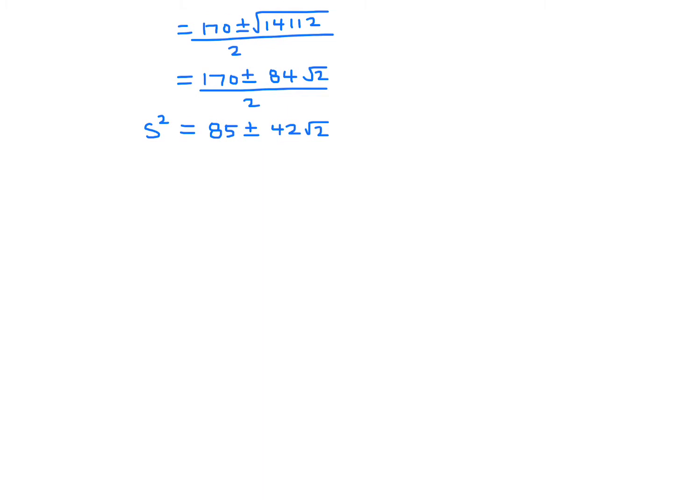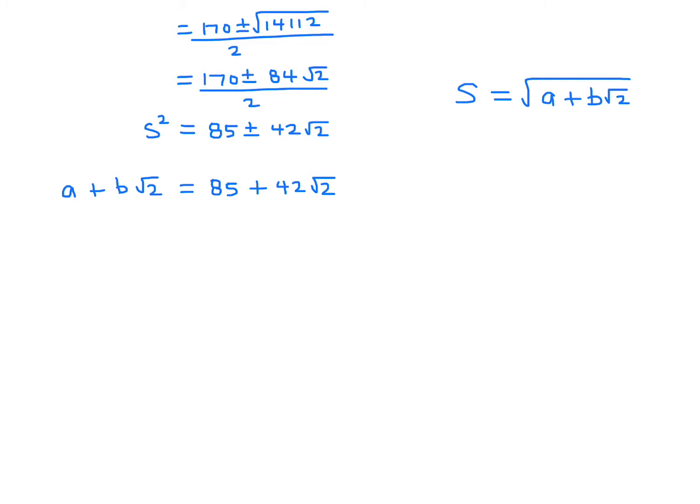Okay. All right, but in the beginning of the question, they told us that s was equal to a plus b root 2, all under the square root sign. So therefore, s squared is going to be a plus b root 2. And that is 85 plus 42 root 2, if you take the plus part of that.